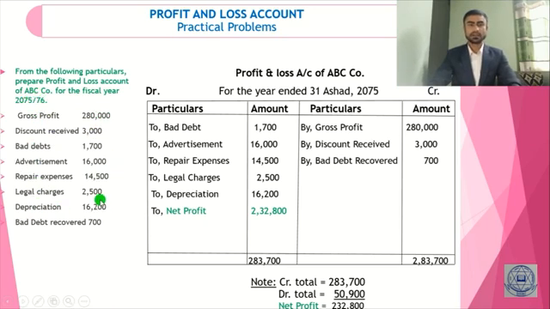Some of the items are written on the debit side and some of the items are recorded on the credit side. And the amount is written in the amount column in the respective accounts.